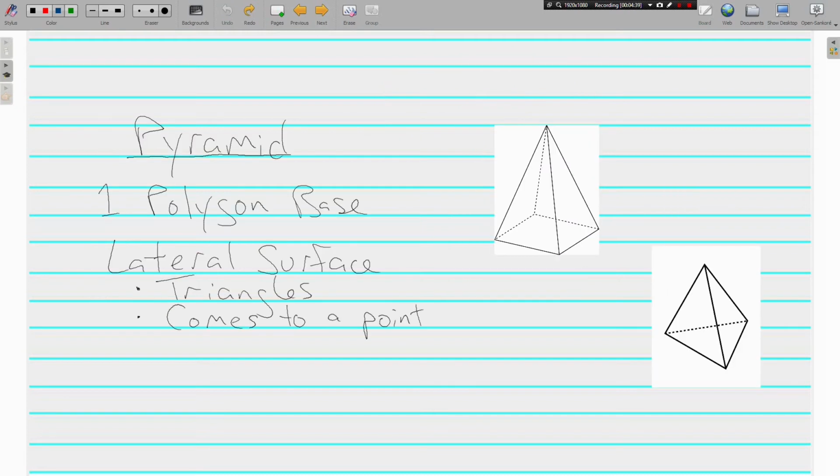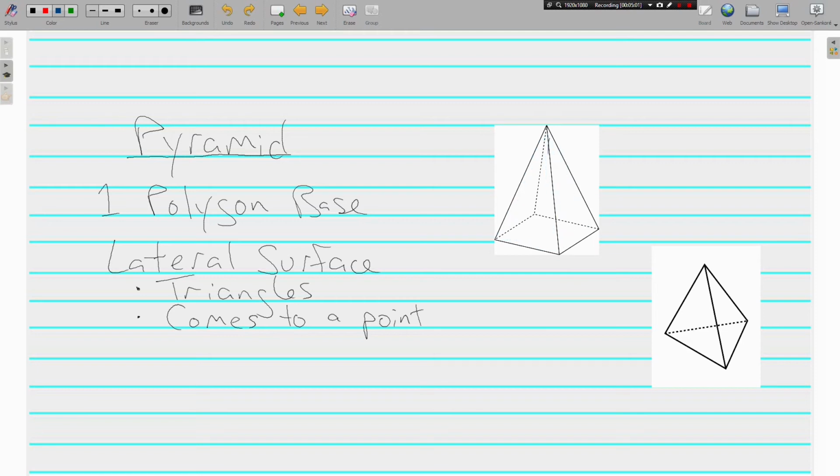Now we have a pyramid. A pyramid is different from a prism because it only has one polygon base. And the lateral surface, instead of being rectangles, is all triangles, and they come to a point. We've got a vertex up here at the top. Sometimes it's called the apex.